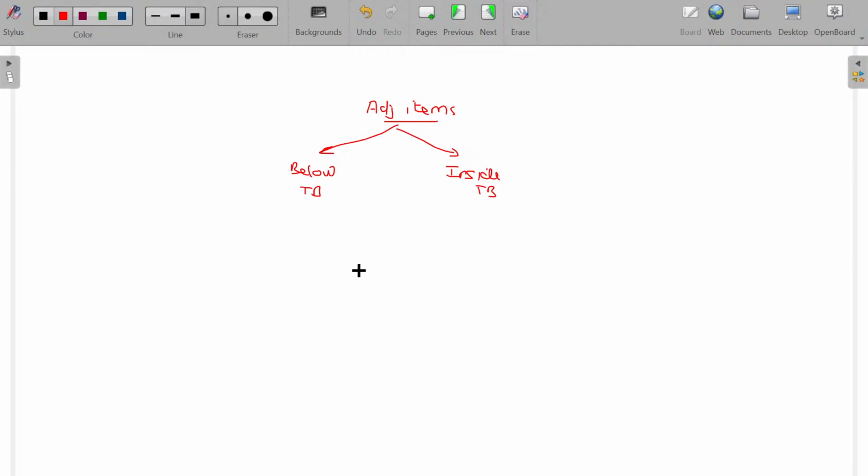Clear? You have to understand when it appears below the trial balance or inside it. I am going to guide these two: how to pass the adjustment entry, and how to prepare the final accounts in case of this model or that model. So both ways we'll understand. Clear? Let's now start.